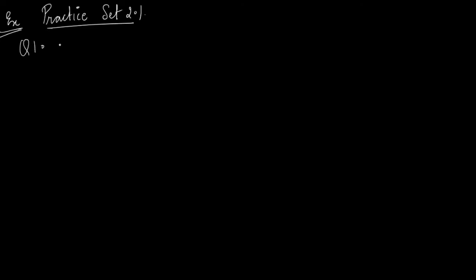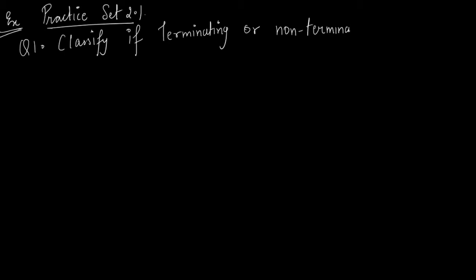Main question number 1 is to classify if the decimal form of the rational number will be terminating or non-terminating. So this is your question. You have to classify if the rational number is going to be terminating or non-terminating.